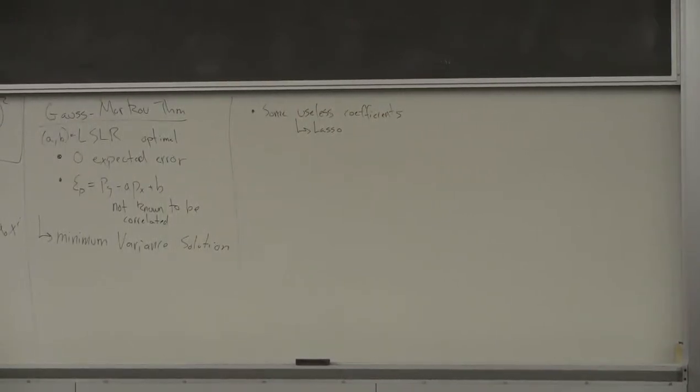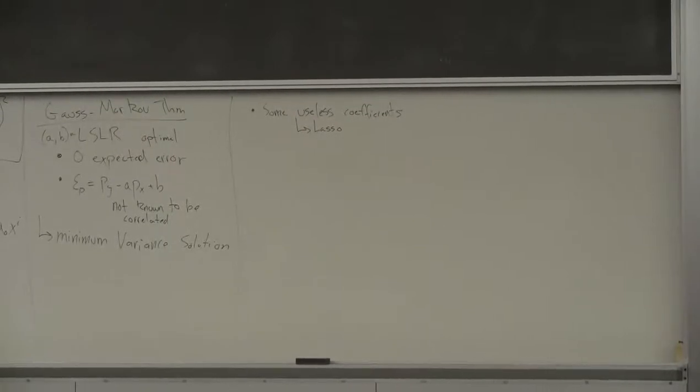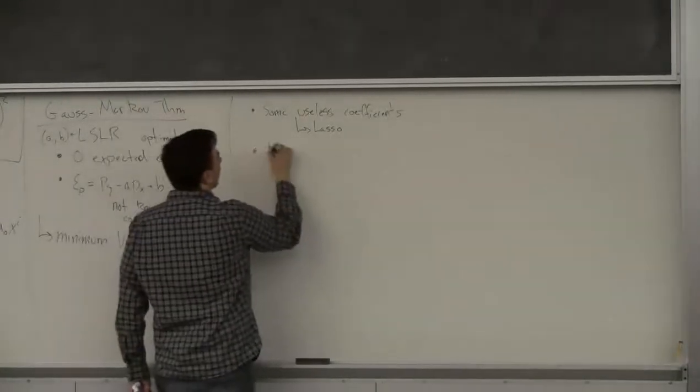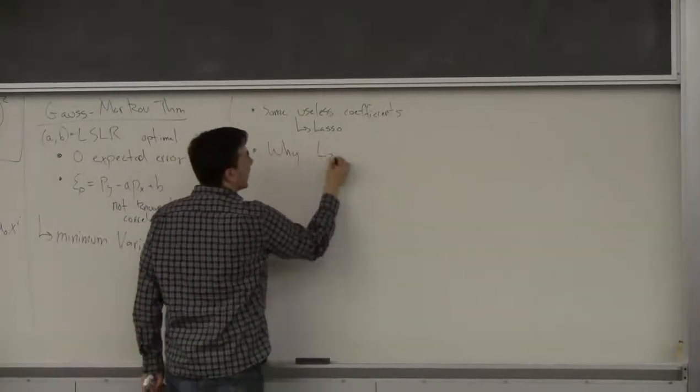So I spent an entire lecture basically talking about these different distances. And maybe it was silly to spend a lecture doing that, but I think it's important to emphasize these different distances. Why are we using the L2 distance?